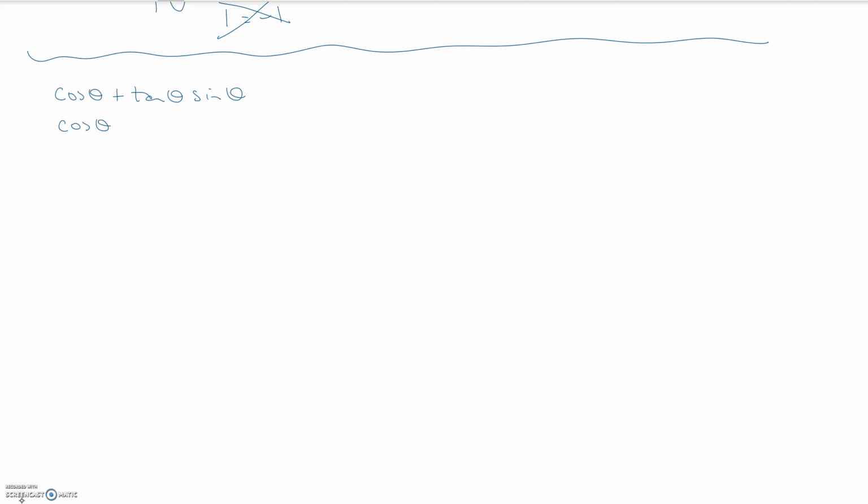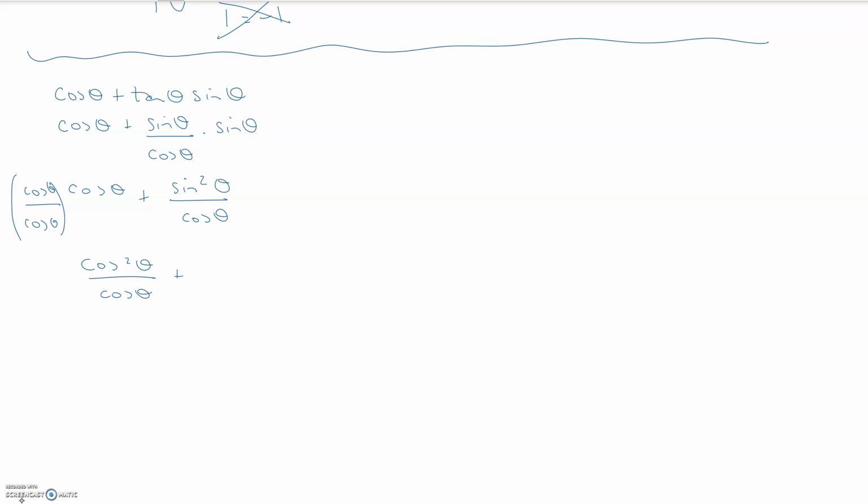So we have cosine theta plus sine theta over cosine theta times sine theta. So we would then have cosine theta plus sine squared theta over cosine theta. We can then make the bottoms the same by multiplying this guy by cosine theta over cosine theta. We get cosine squared theta over cosine theta plus sine squared theta over cosine theta.